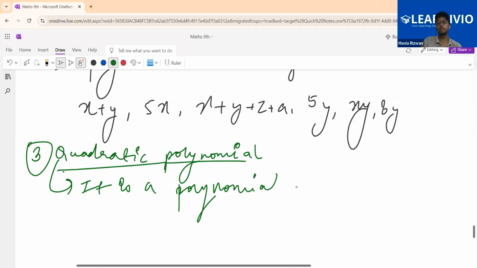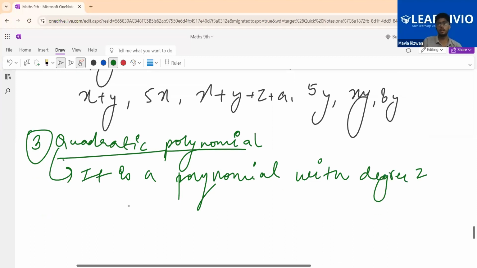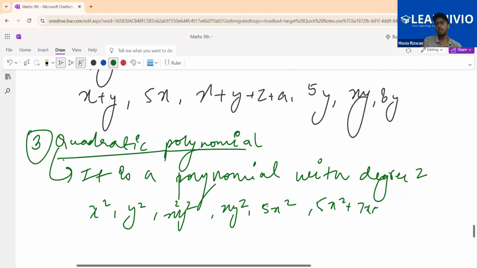It's fine. So it is a polynomial with degree 2. It can be anything: x square, y square, even xy square, 5x square, 5x square plus 7x plus 9. Anything it can be.